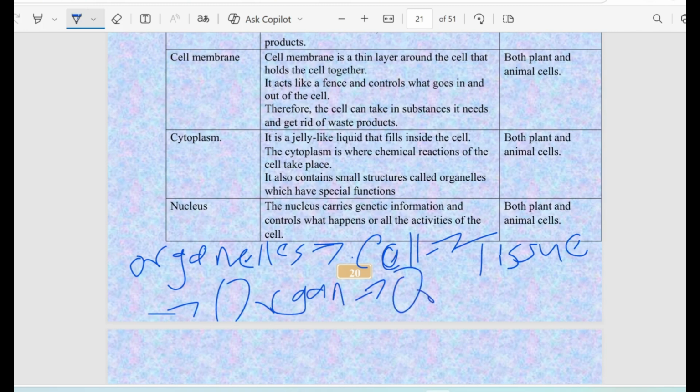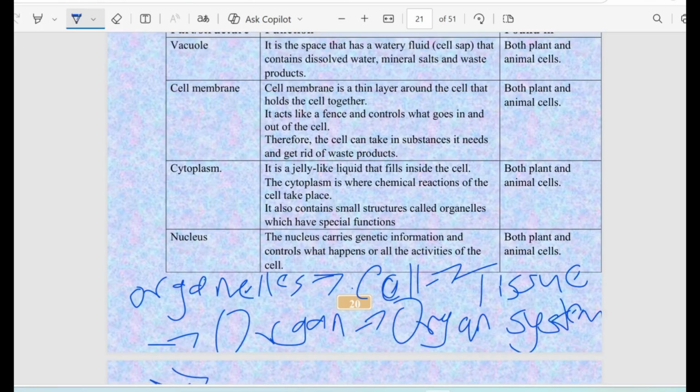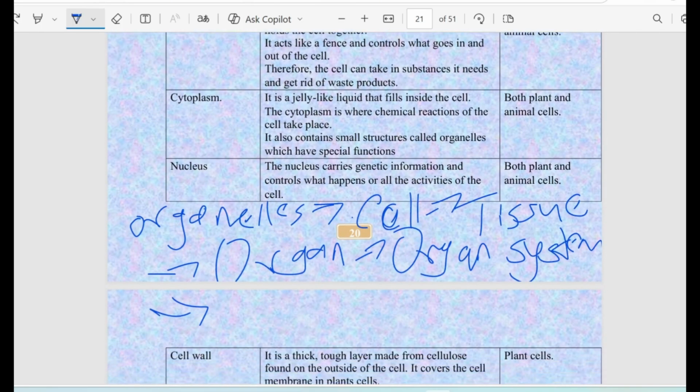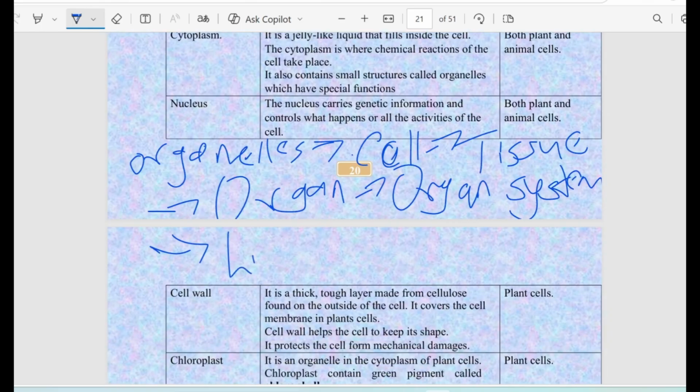Organs form an organ system. An organ system forms a living organism.